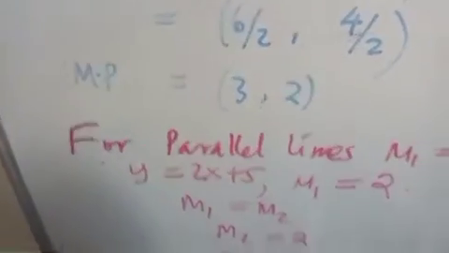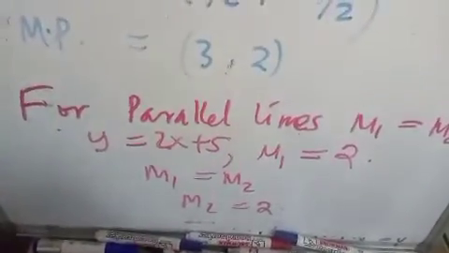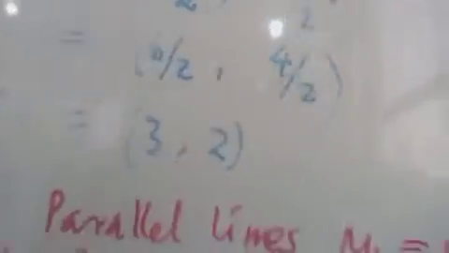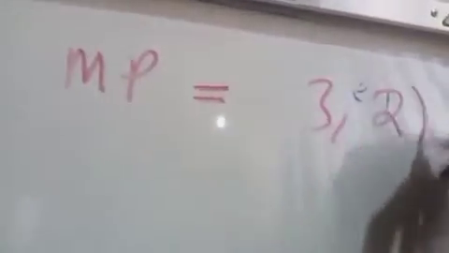If that is the case, it is easier for us to find the equation. What we are supposed to do now is take the midpoint of the two points we were given. The midpoint we got was (3, 2).